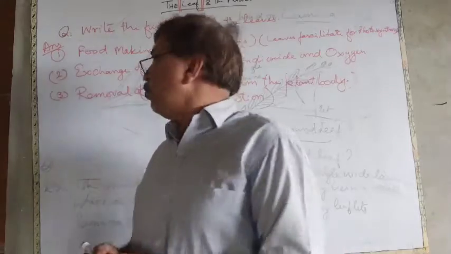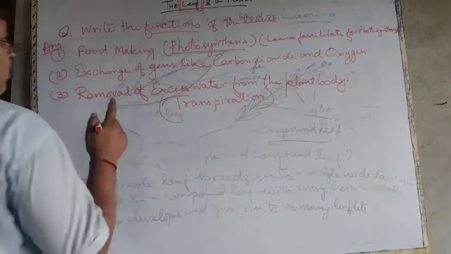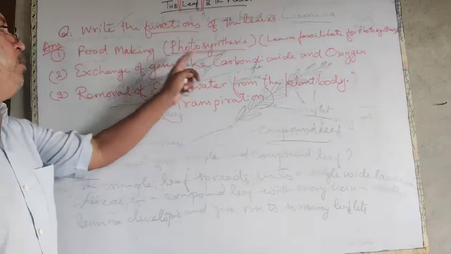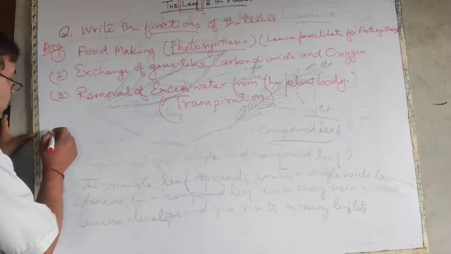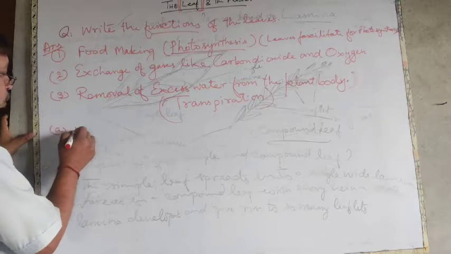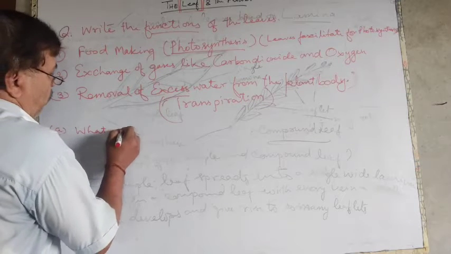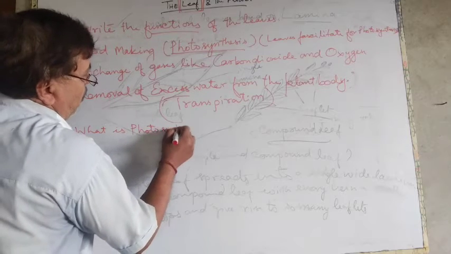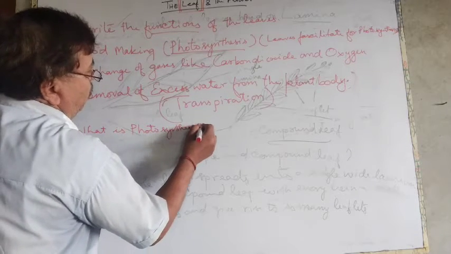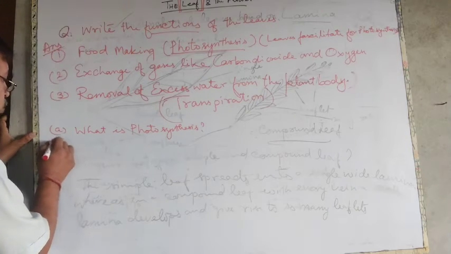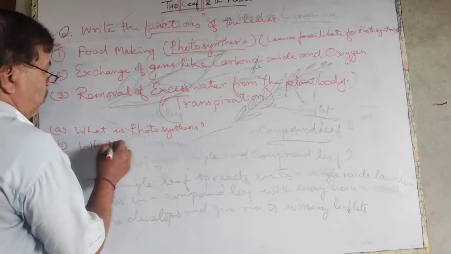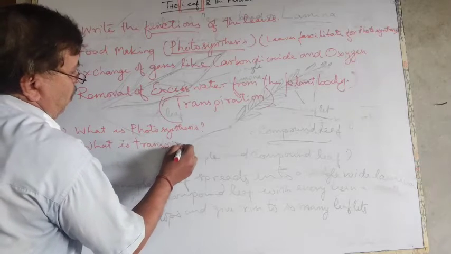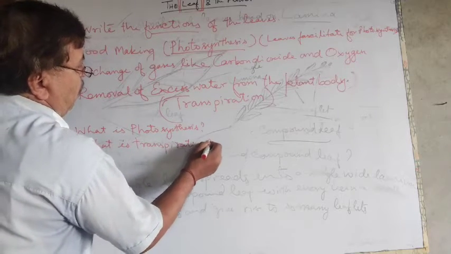So today's homework in this video: your main question is to write the functions of the leaf, and then some additional questions I am giving you. What is photosynthesis? And second, what is transpiration?